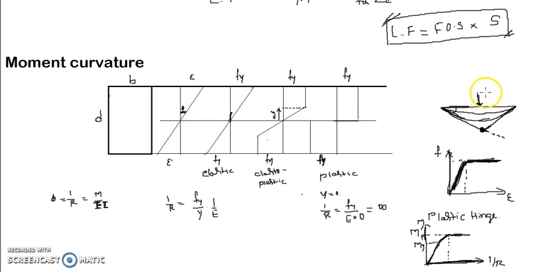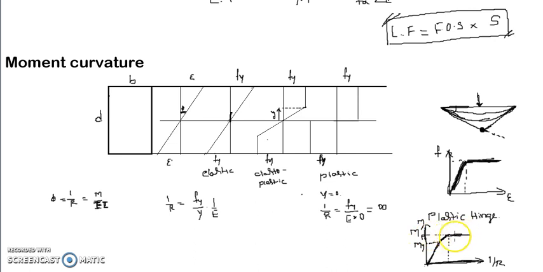As soon as you apply the load, it is going to bend, free to rotate, but it does not offer any resistance. But a plastic hinge will offer resistance up to the capacity. The bending moment becomes equal to the plastic capacity of the section.